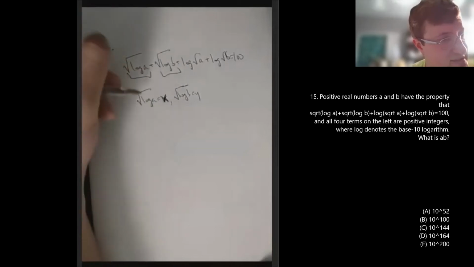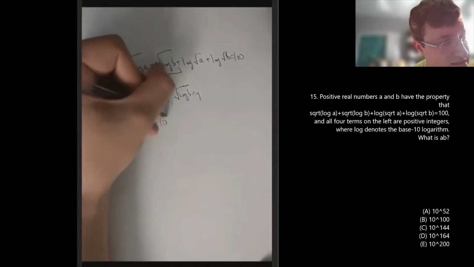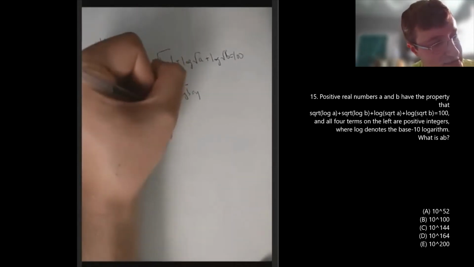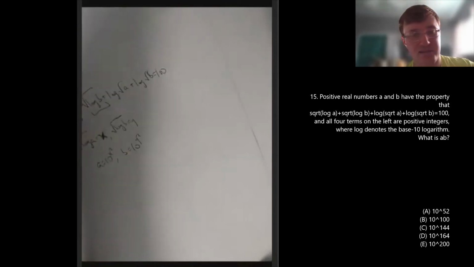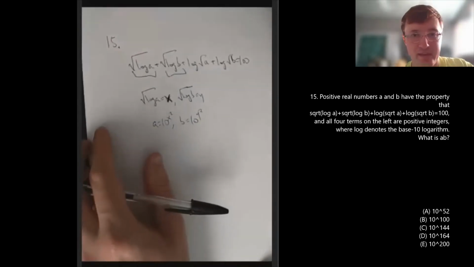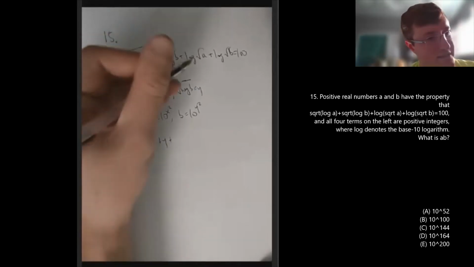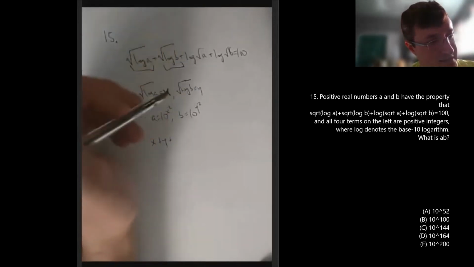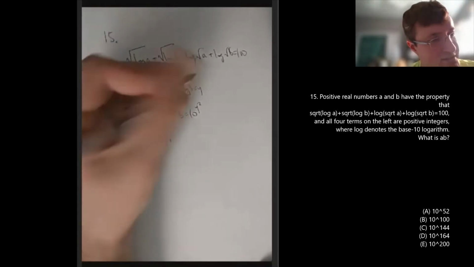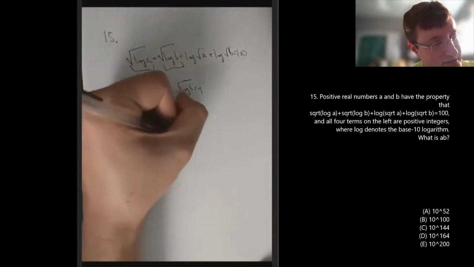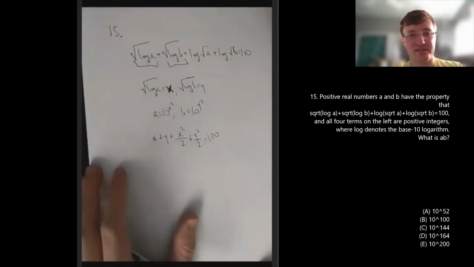So if I square both sides, I get log a is x squared. So a is 10 to the x squared, and b is 10 to the y squared. Okay, so now I get x plus y plus log of root a, root a is 10 to the x squared over 2. So it's x squared over 2 plus y squared over 2 plus 100. Okay, and now these are all integers.